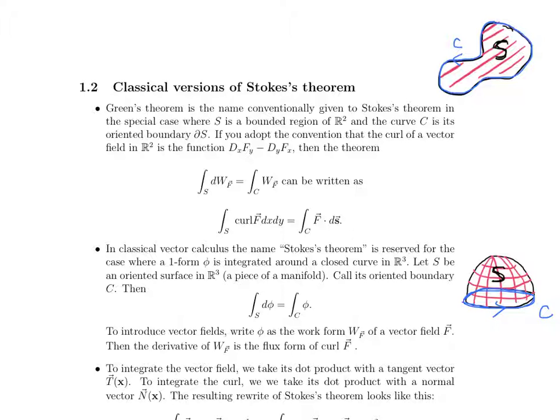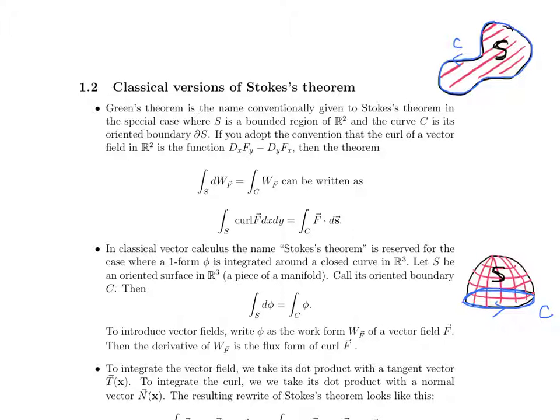And we basically have a choice here. We can either choose to integrate phi over C. So that is going to be a line integral in the sort of vector calculus notation. Or we can choose to integrate d phi over S, the entire surface.